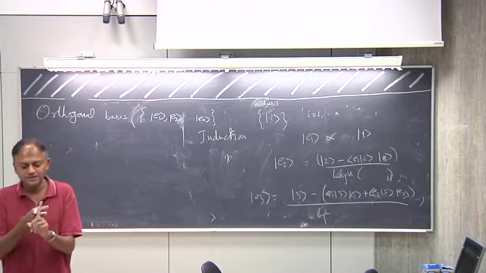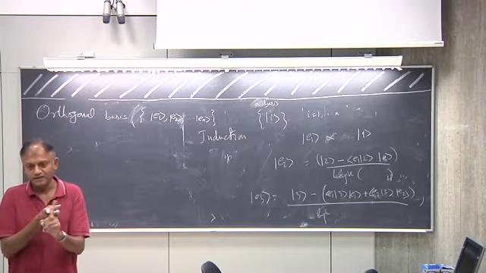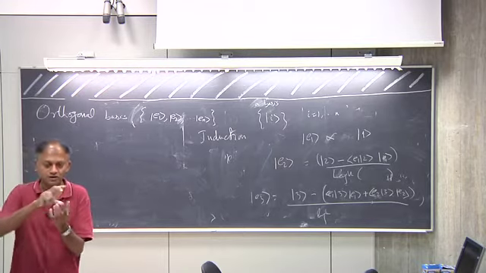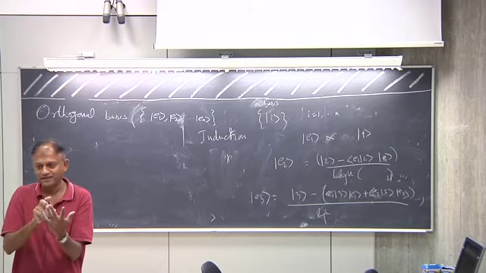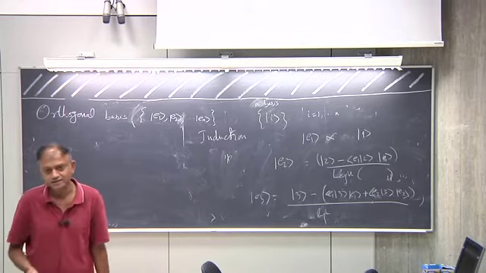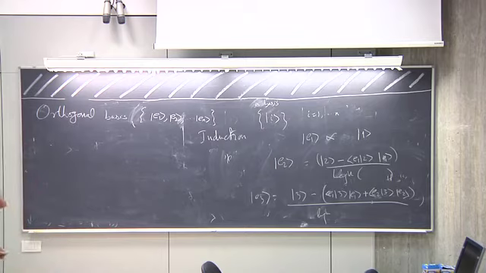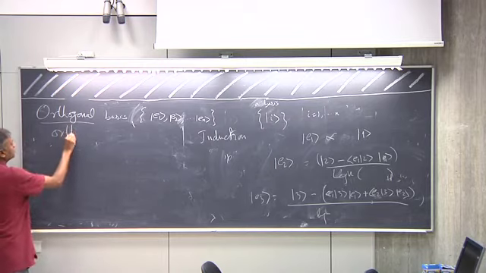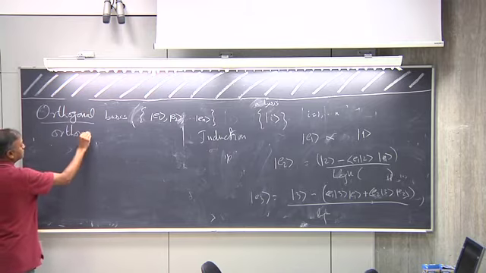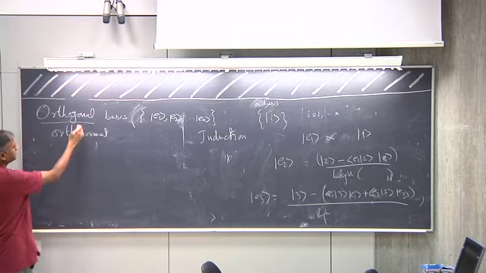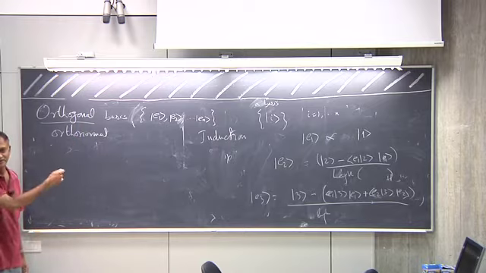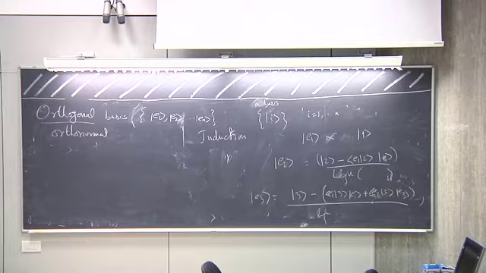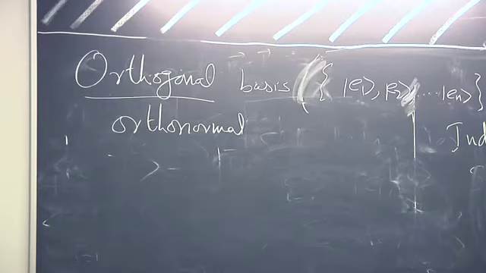I think the most difficult step is to make everything perpendicular, orthogonal to each other. Once you have made them orthogonal, it's just a matter of dividing by the length. So I'll always be using orthonormal, because going from orthogonal to orthonormal is a trivial step, just normalizing the lengths to 1.